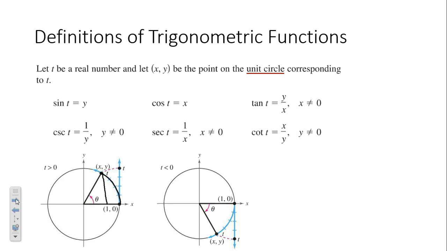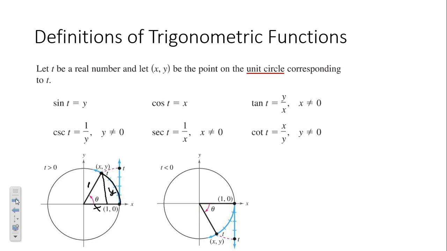So the sine of t is going to be the opposite over the hypotenuse, and the hypotenuse on a unit circle is 1.